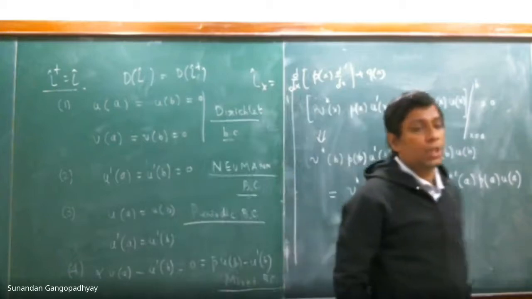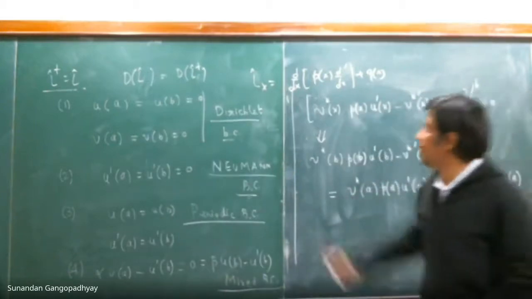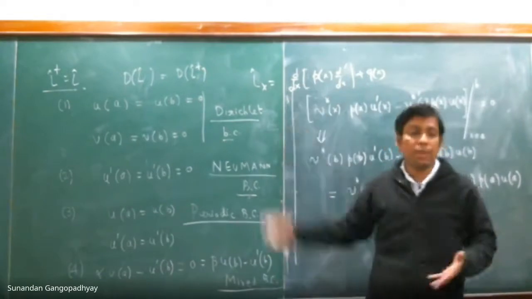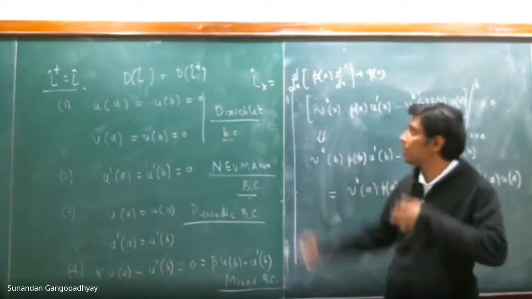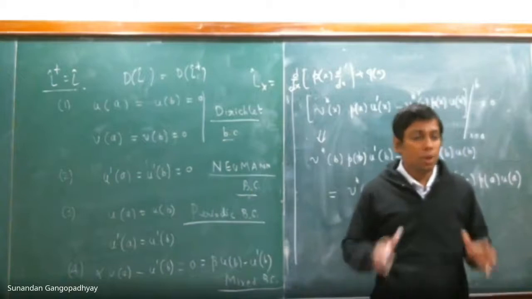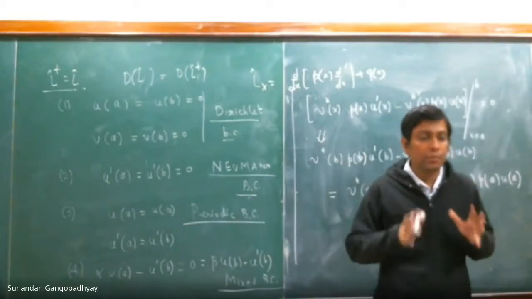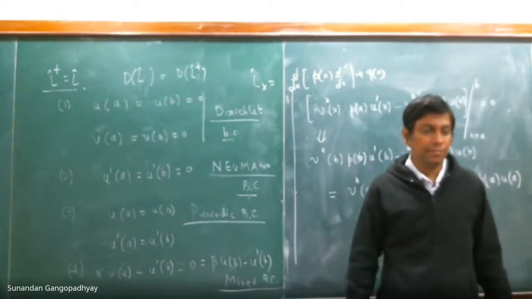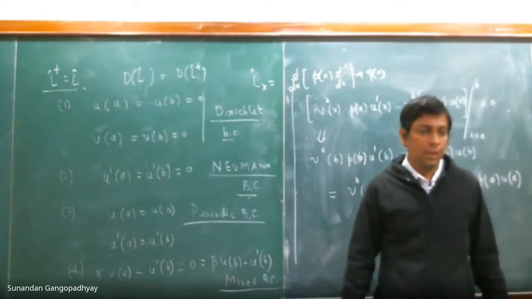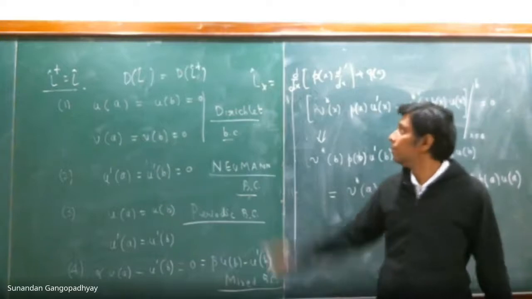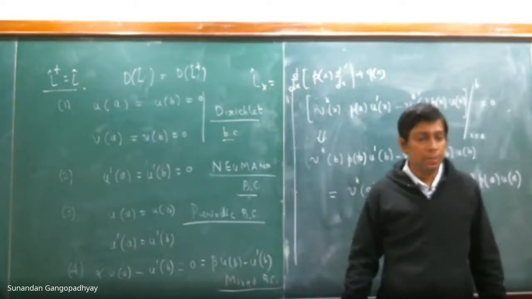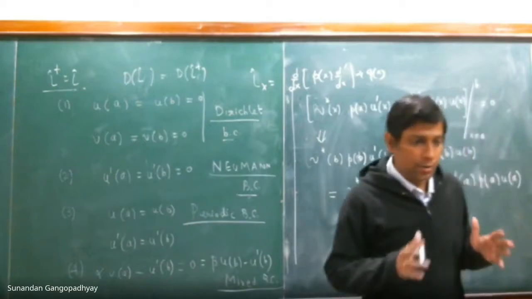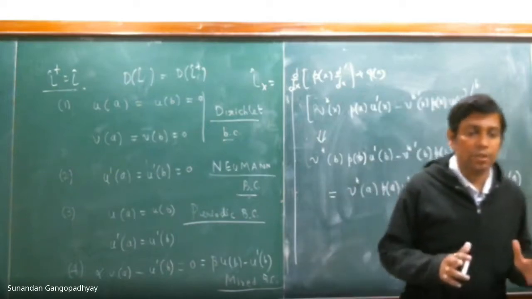And now you can understand why these special functions are so important, because these special functions are solutions of second order differential operators, which are self-adjoint differential operators. That is why the study of special functions in mathematical physics is so important, because we are looking at solutions of differential operators which are self-adjoint.